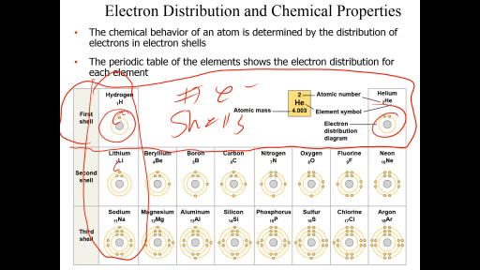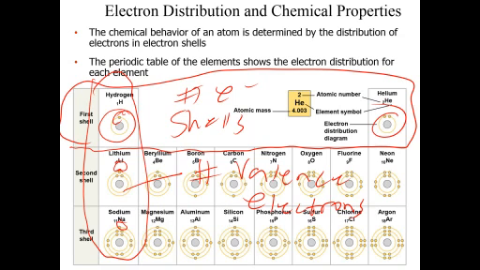Here, here, here. So the columns tell you the number of valence electrons. Now, for what you're seeing here, this is always going to hold true.